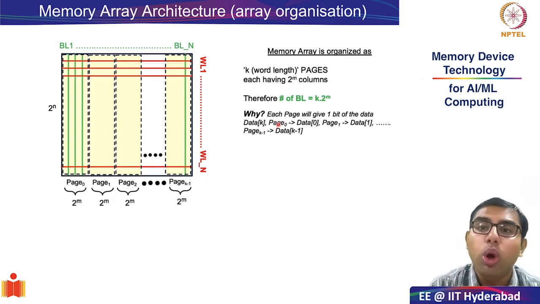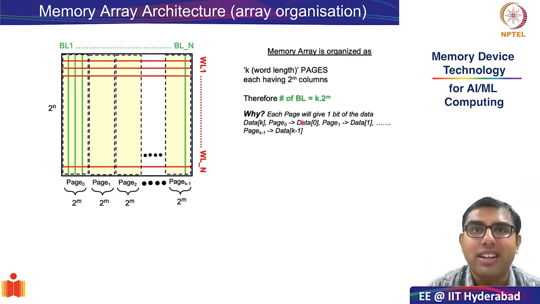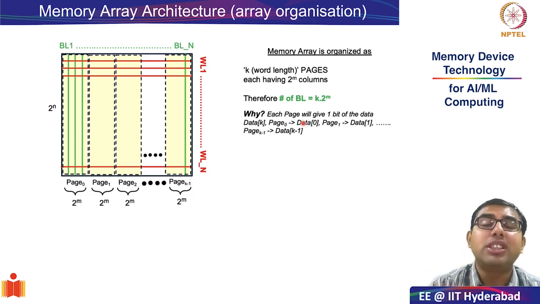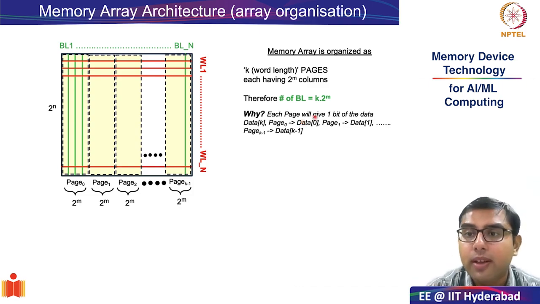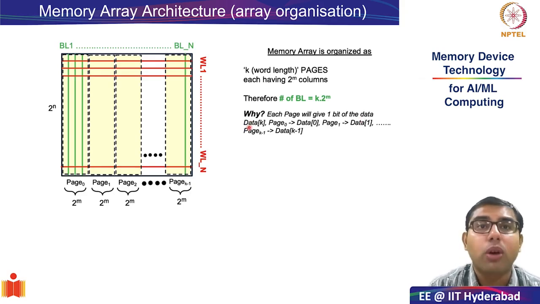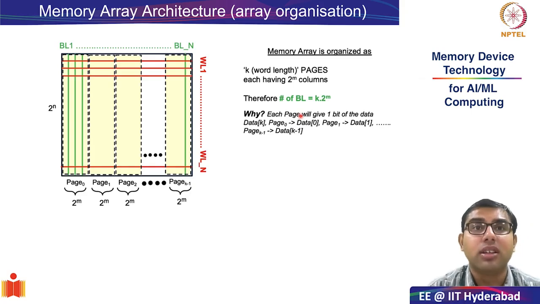Page 0 will give the 0th bit, or the LSB, of the data asserted on the data bus. Similarly, page 1 will give out the information about data 1, and so on. Page 31 in our case will give you data for the most significant bit.